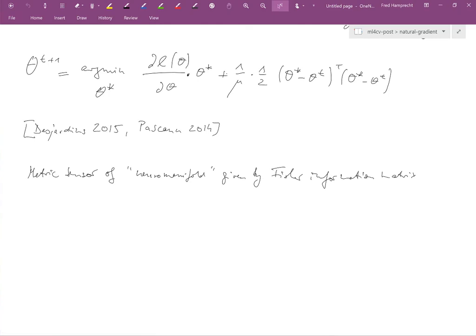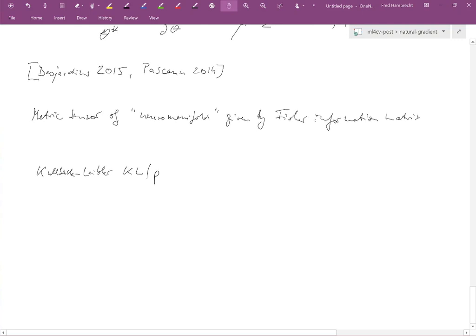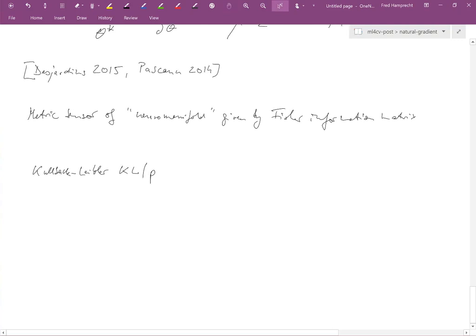So we will take as dissimilarity measure the Kullback-Leibler divergence between some distribution parametrized by theta and some distribution parametrized by theta plus an increment phi. So phi is a small change of the parameters, and it's defined as follows.